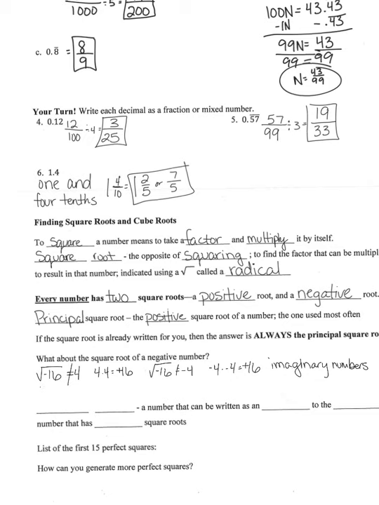Now, a perfect square is a number that can be written as an integer to the second power.